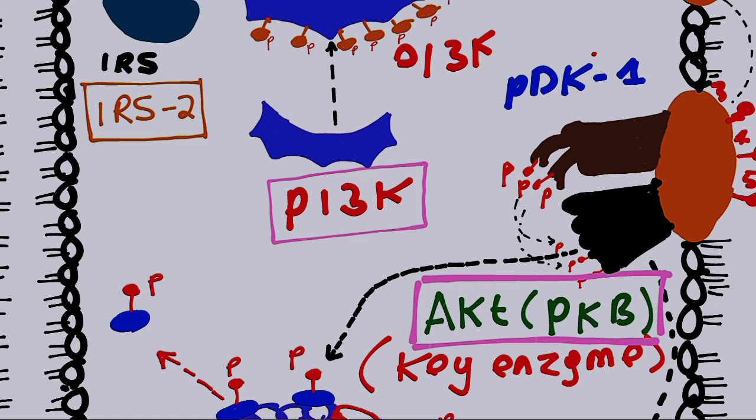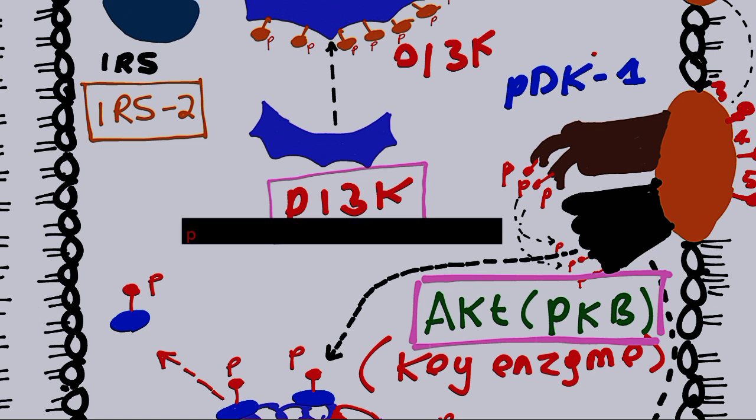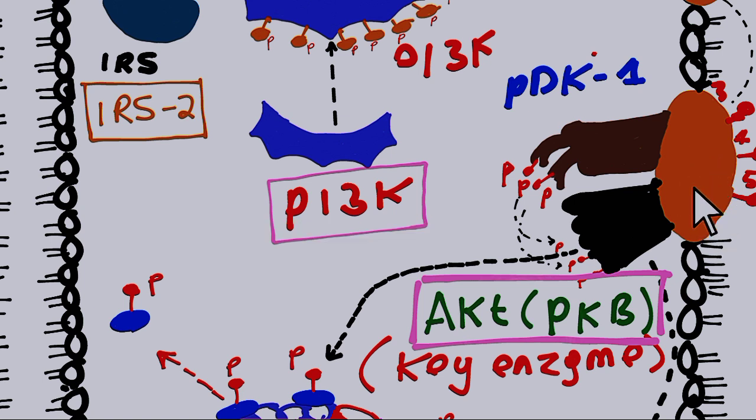PDK1, which stands for phosphoinositide-dependent kinase 1, is going to come and dock on PIP3. Another enzyme, which we call AKT, also known as protein kinase B, will also come and dock on the same lipid molecule, which is PIP3.